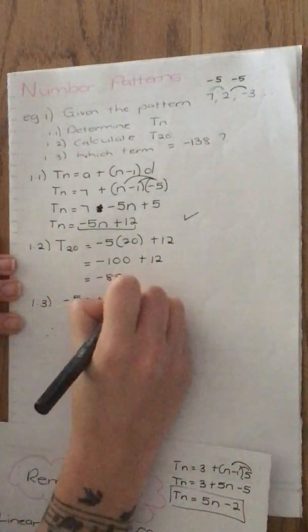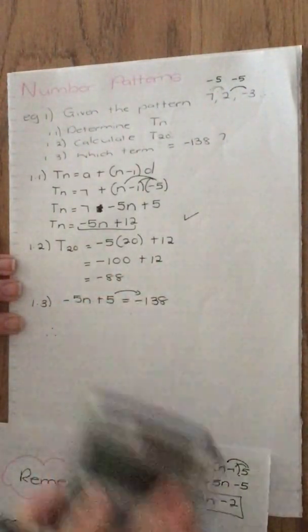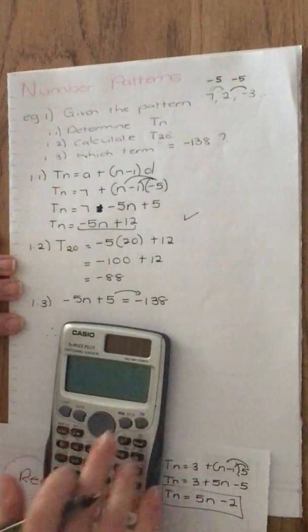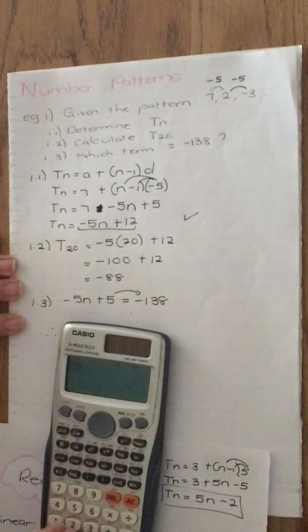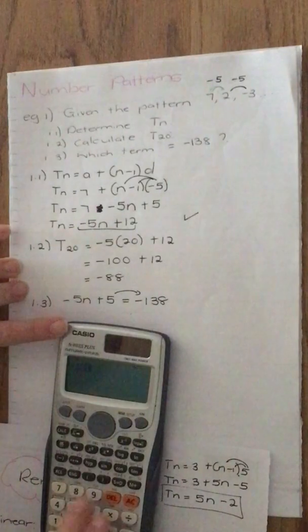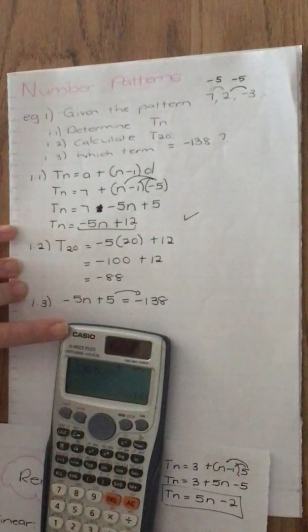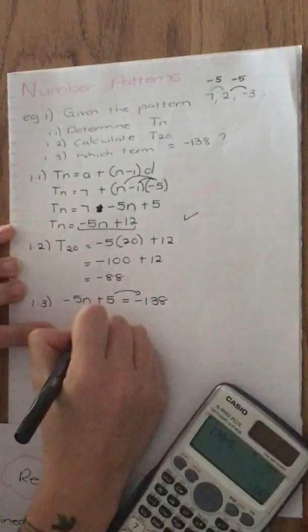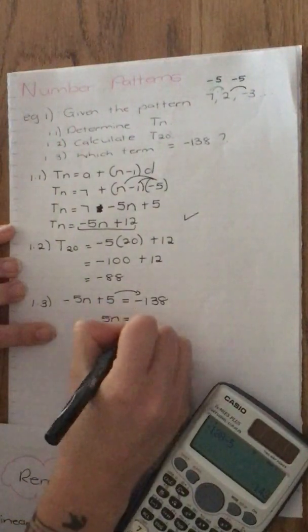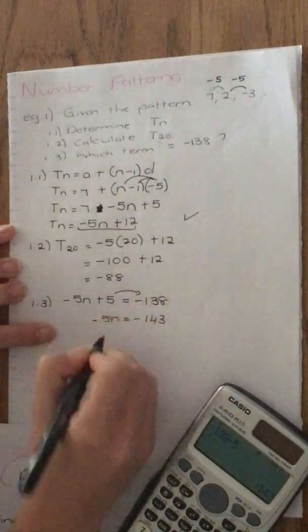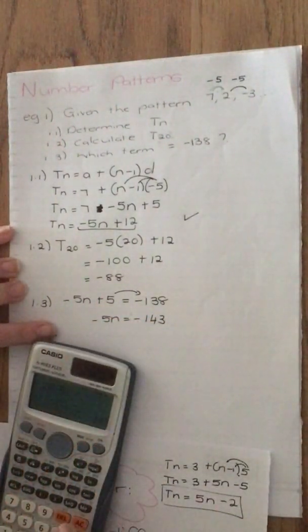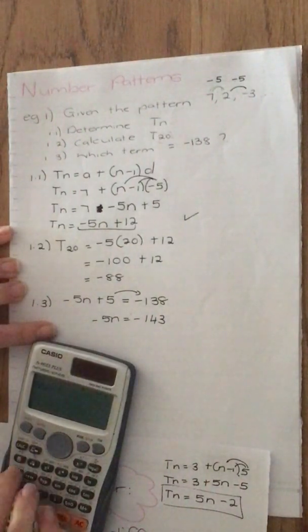So therefore, if I take my 12 over, let's just do this in one step. So it's negative 138 minus 12, which is going to be negative 150. So -5n equals negative 150. Then I must still go and divide it by negative 5.